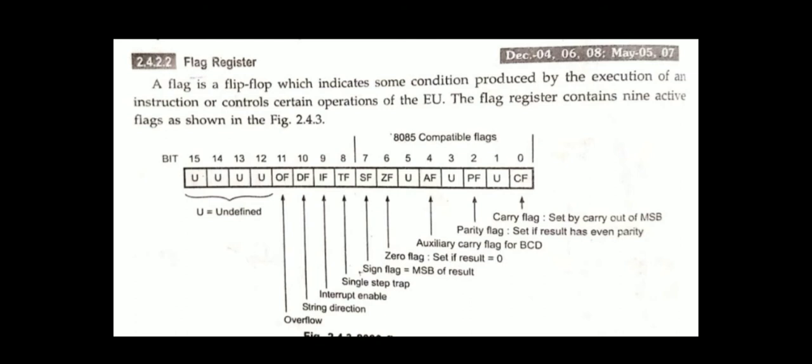Bits 15, 14, 13, 12 are undefined, and then OF, DF, IF, TF are overflow, direction, interrupt enable, and trap flags, and the sign flag. The sign flag is also called the MSB of a result, and this is the example of the flag register.